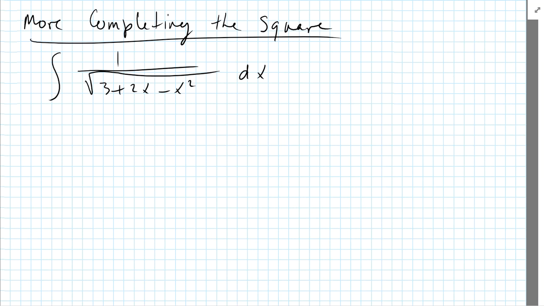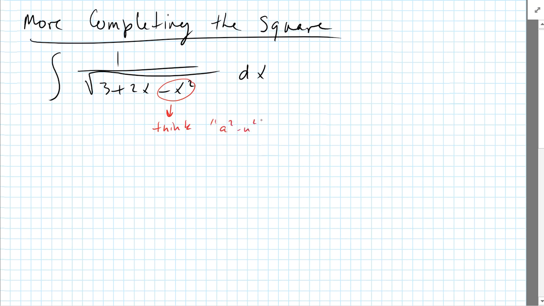The way you spot this is, if the x squared term's positive, and the other term's positive, it's more than likely inverse tangent. So I look right here, and it's a negative x squared. Well, that tells me it's probably a squared minus u squared.